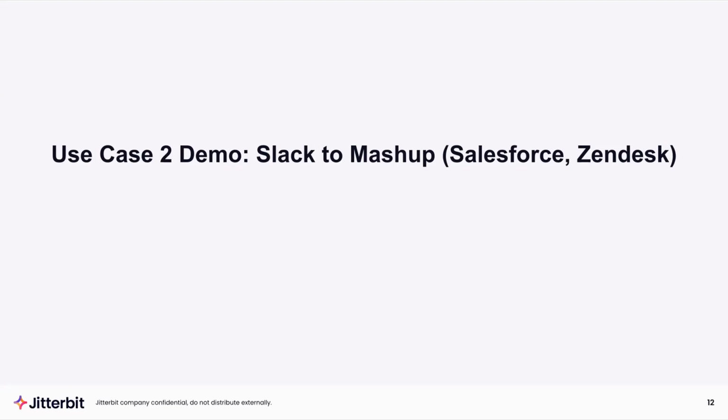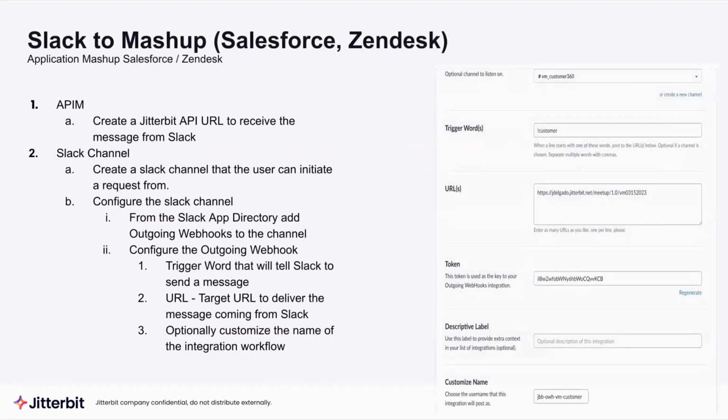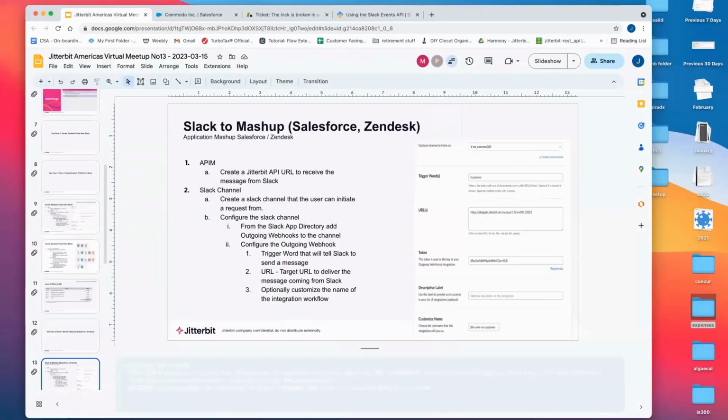So now when we receive a request from a Slack channel, to be able to say, okay, for this customer, give me a consolidated combination of different attributes about this customer or account between both of these systems. So I'll just switch back over to Slack.